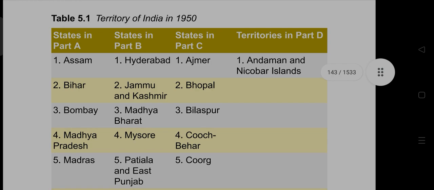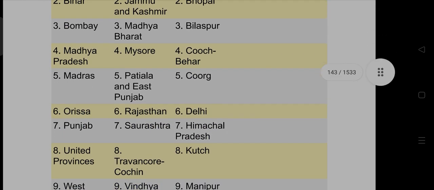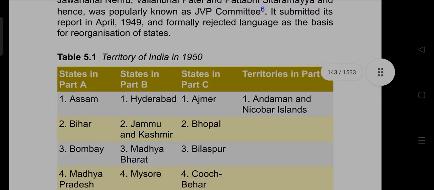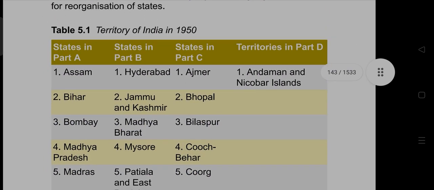States in Part C: Ajmer, Bhopal, Bilaspur, Cooch Behar, Coorg, Delhi, Himachal Pradesh, Kutch, Manipur, and Tripura. And territories in Part D: Andaman and Nicobar Islands.